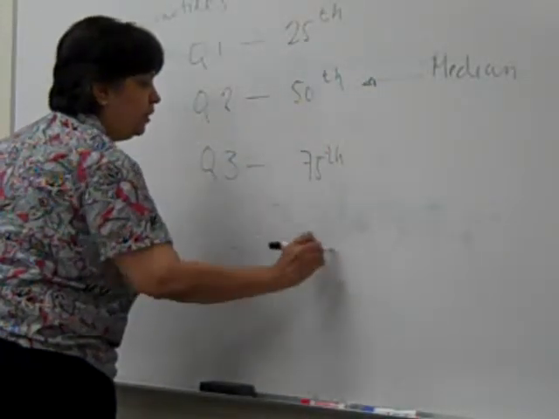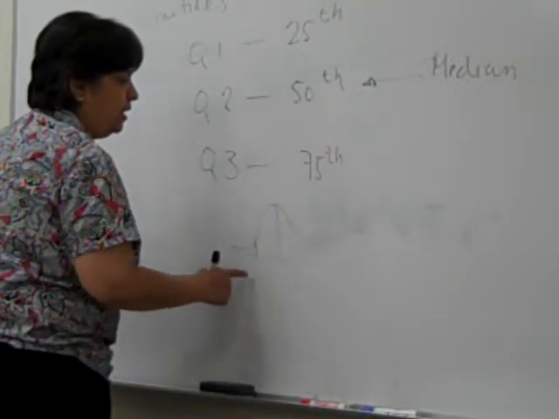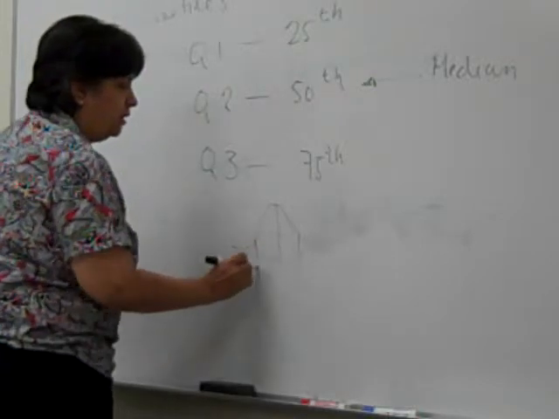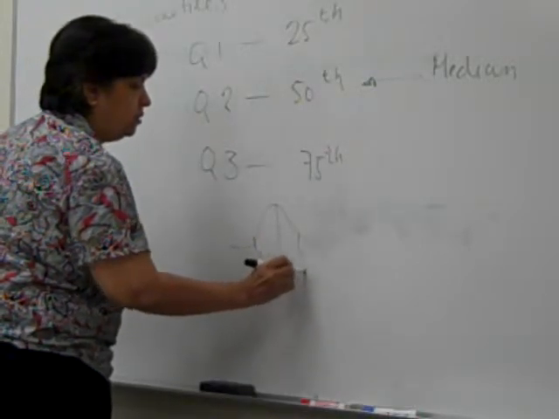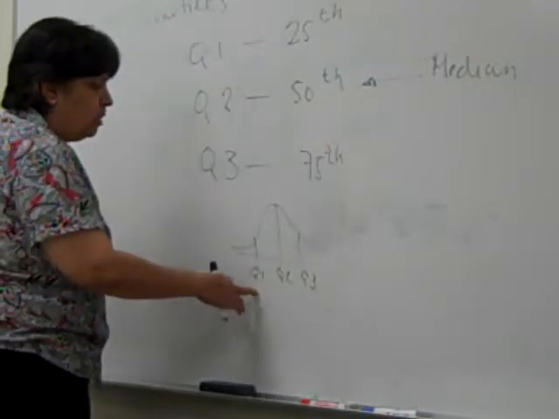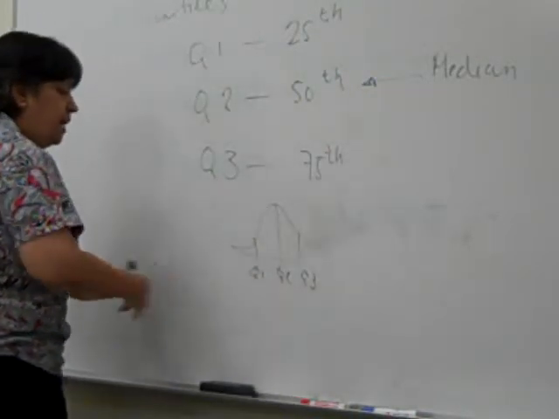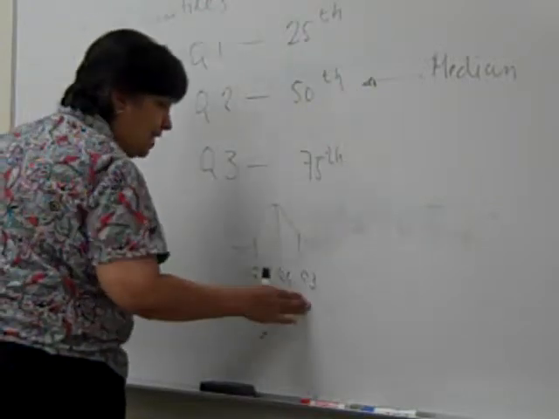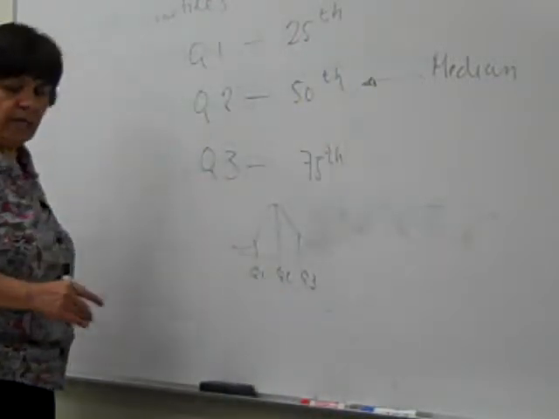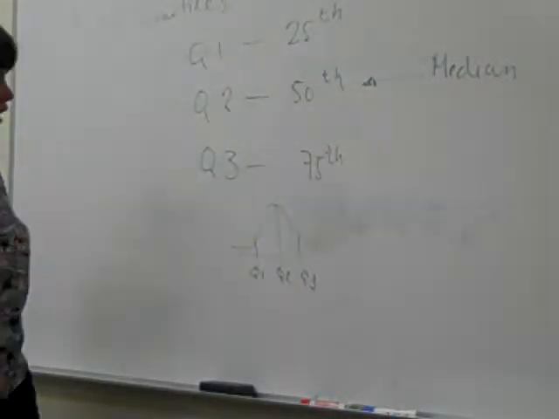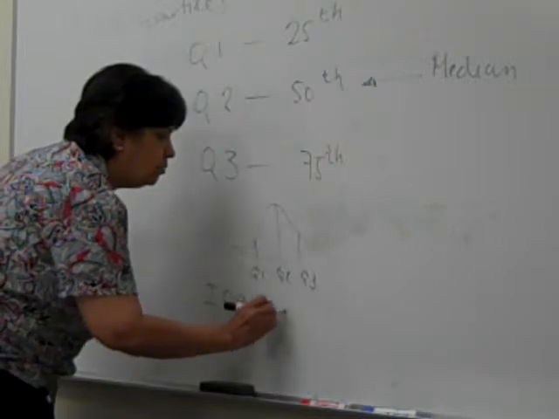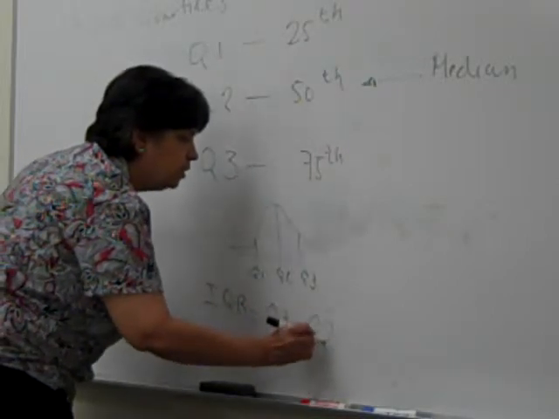And really what the quartiles do is divide your data into 4 parts. This is quartile 1, this is quartile 2, this is quartile 3. 25% of the data is below quartile 1, 50% of the data is below quartile 2, and at least 75% of your data is below quartile 3. And the interquartile range is equal to quartile 3 minus quartile 1.